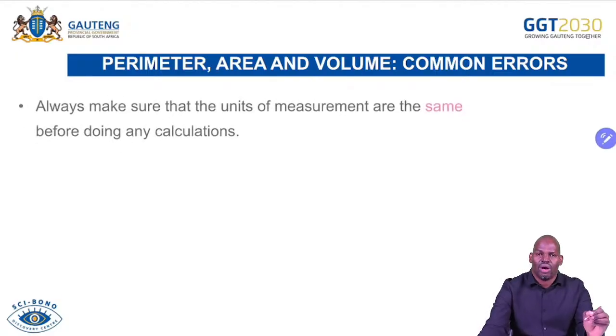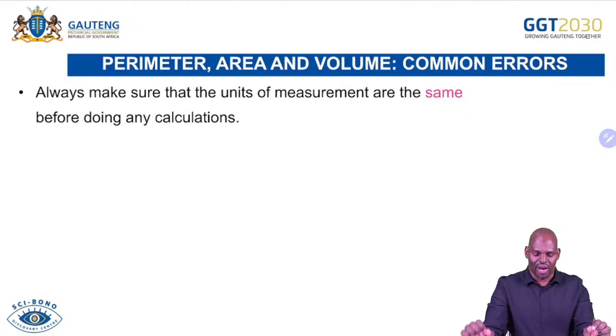Right. Then, boys and girls, whenever you do the calculations, these are some of the common errors that some of you are making. So please make sure that you avoid these errors. The common error is that most of the learners do not convert the units.